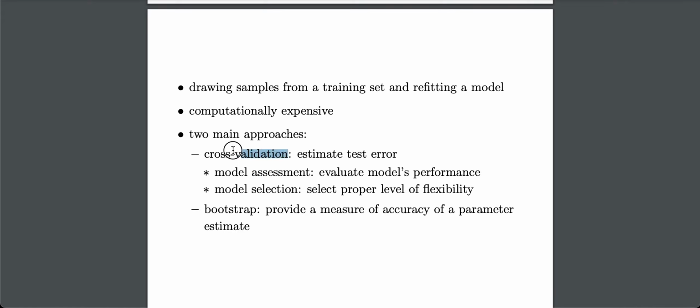Sometimes we use cross-validation to select a proper level of flexibility, meaning that when we have a family of models at our disposal, indexed from simple to complex, how do we decide which level of complexity to use? Cross-validation gives an estimate of the model's performance, and then we can select the flexibility that gives the best estimated performance.